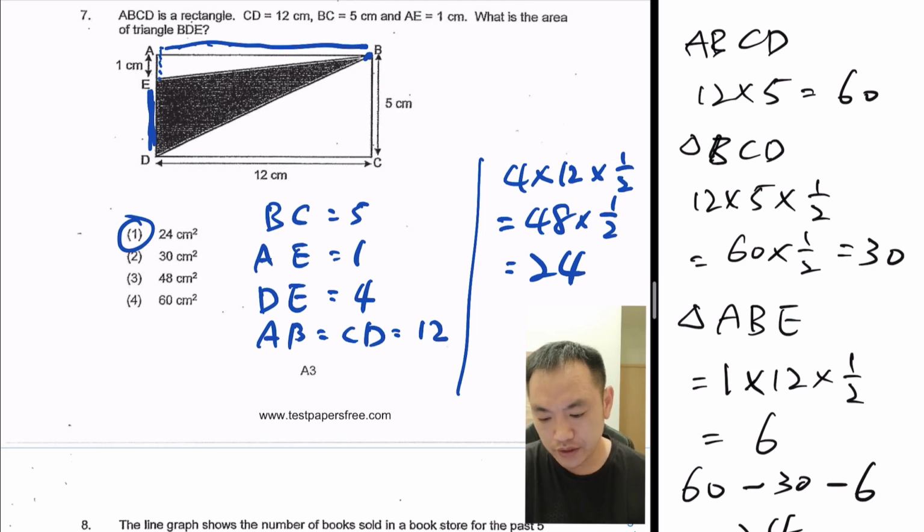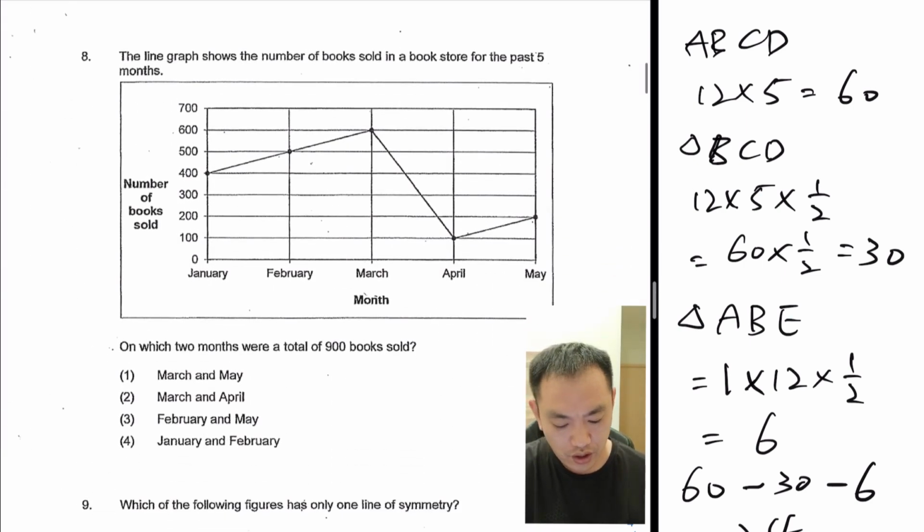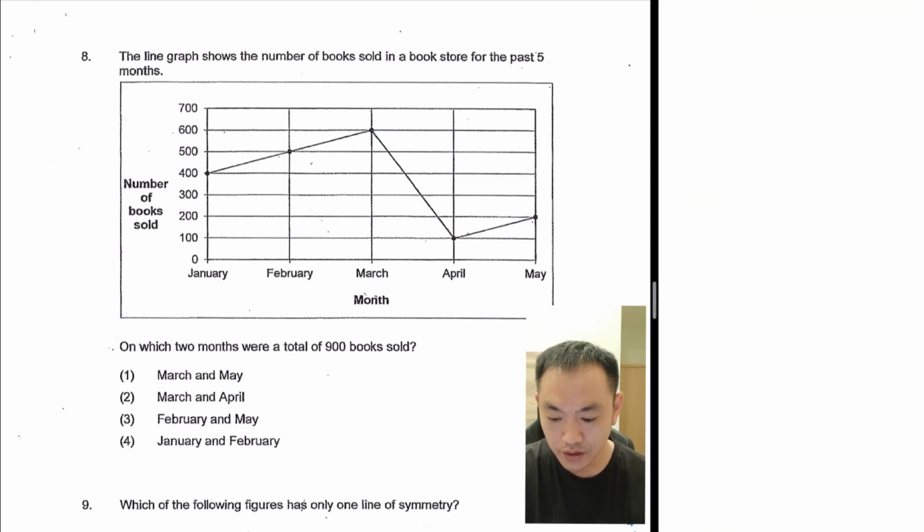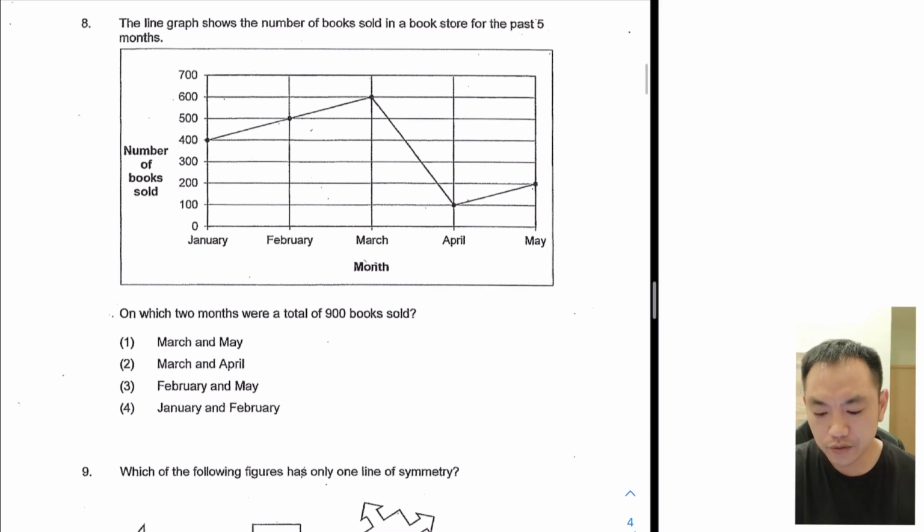Okay, so let's move on to question 8. The line graph shows the number of books sold in the bookstore for the past 5 months, from January to May. On the left hand side, you can see the number of books for each month, and the line shows the number of books sold in each month.